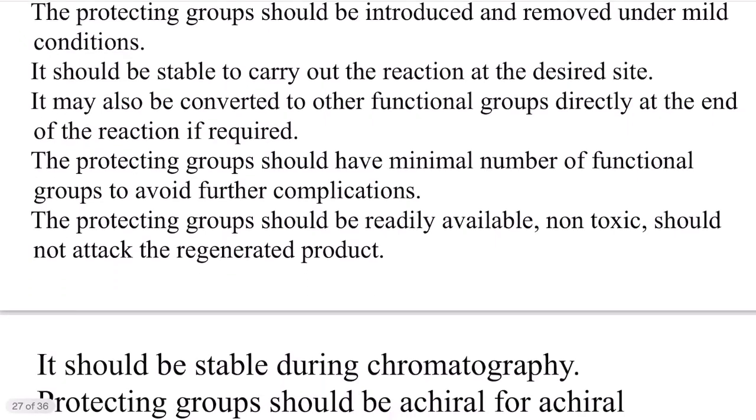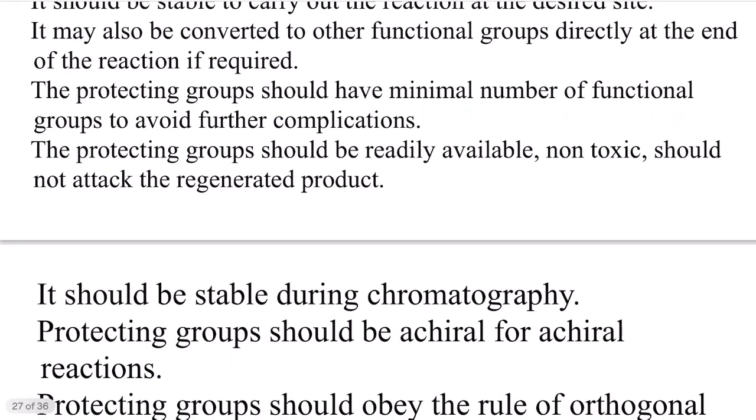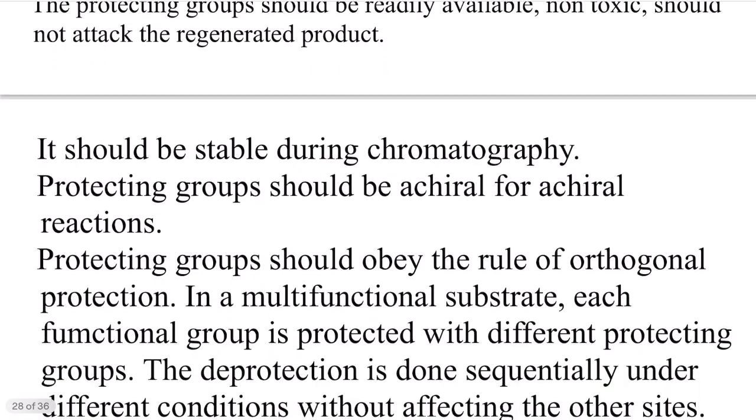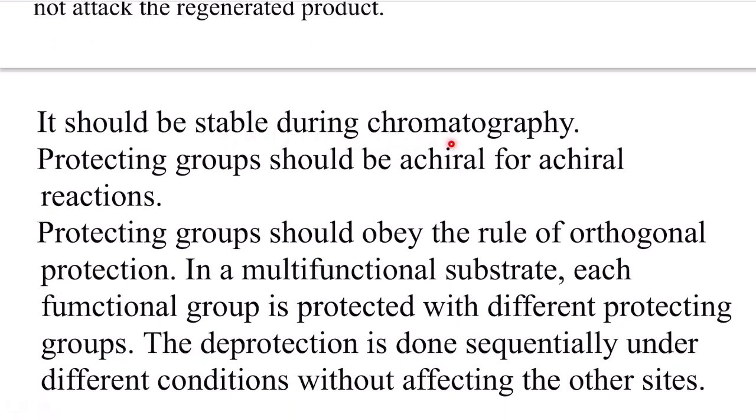And the protecting group should have a minimal number of functional groups to avoid further complications, and it should be readily or commercially available, it should be non-toxic and should not attack the regenerated product, and it should also be stable during chromatography, that is, while doing the column.